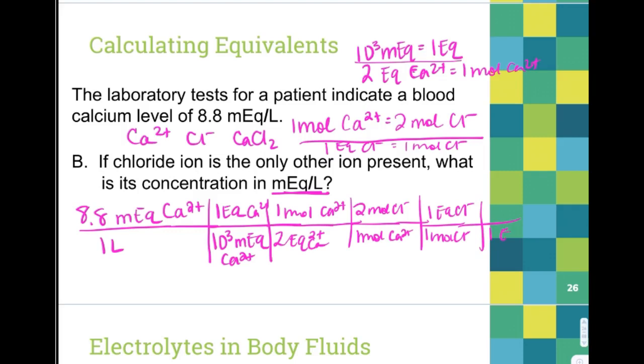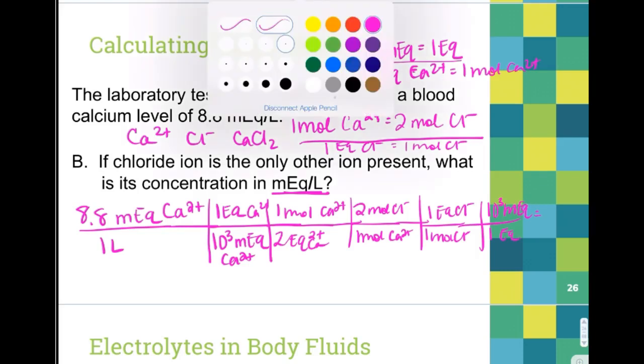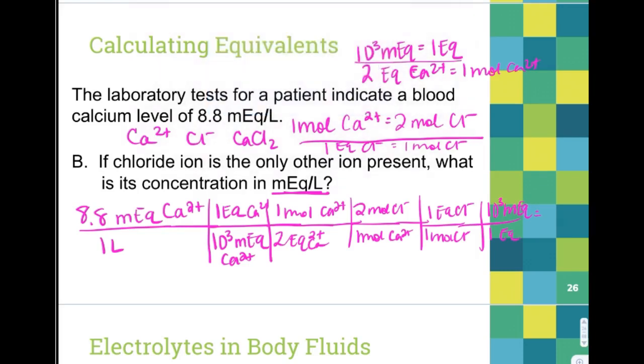And I know that 1 equivalent is equal to 10 to the 3 milliequivalents. And so here I'll just do a quick conversion check. I've got equivalents canceling, moles of chloride, moles of calcium, equivalents calcium, milliequivalents, and I'm left with milliequivalents per liter of chloride. And if you notice this, everything gets canceled. So my 10 to the 3 is canceled, my 2's cancel, and so the answer is exactly the same.